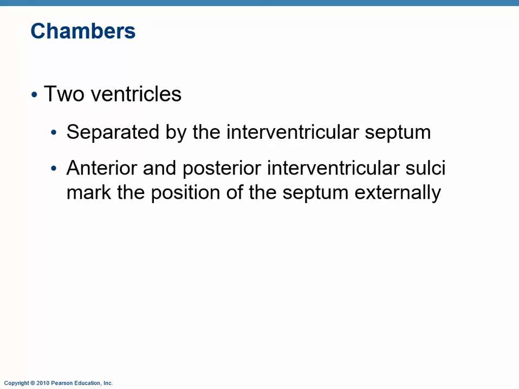Again, on the surface, you can see little grooves, shallow grooves, that demarcate the left and right ventricle. They're called the anterior and posterior interventricular sulci. They're located right over the interventricular septum. And major blood vessels, the coronary vessels, run in these grooves.